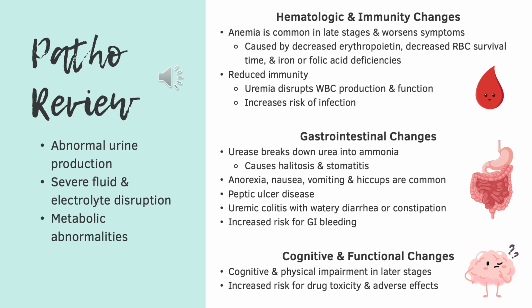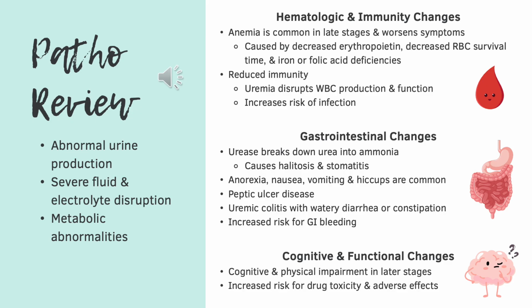So anemia is a very common issue that's seen in the later stages of chronic kidney disease, and it worsens symptoms like fatigue and weakness. And anemia is caused by a decrease in erythropoietin production, which is necessary for red blood cell formation. Our kidneys help produce erythropoietin, so if they're not working well, then we have a decrease in erythropoietin, which causes that anemia.